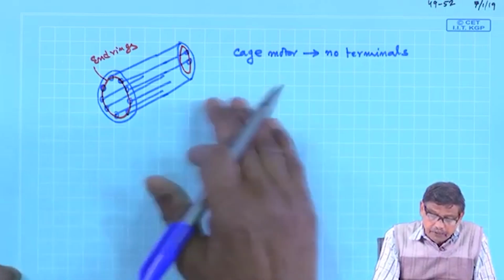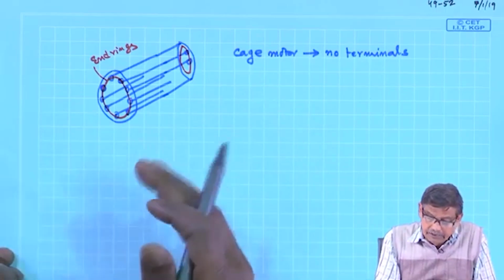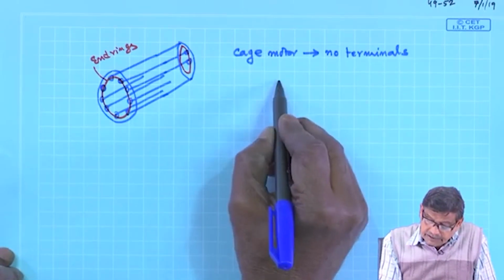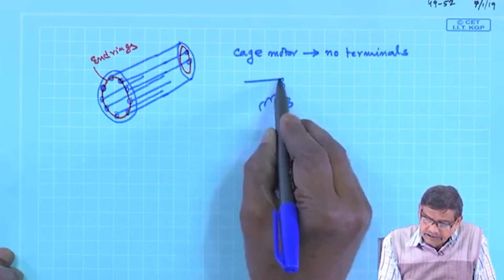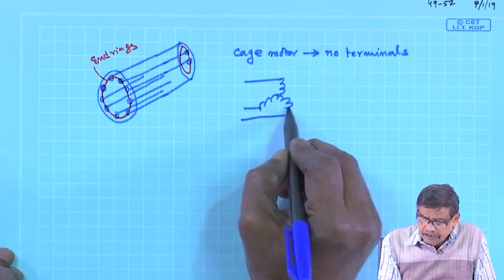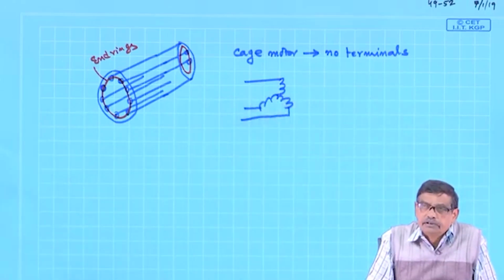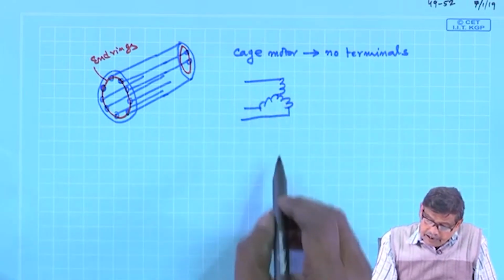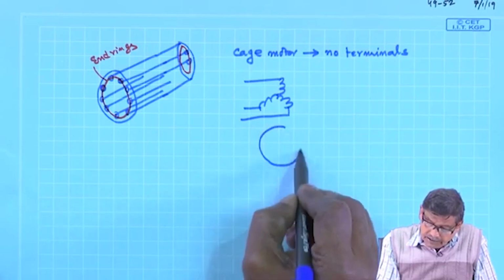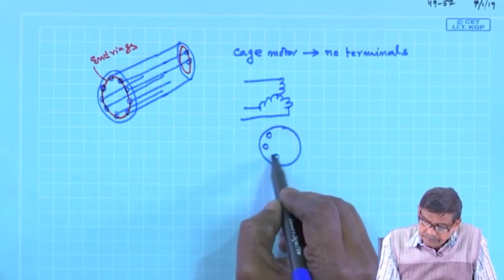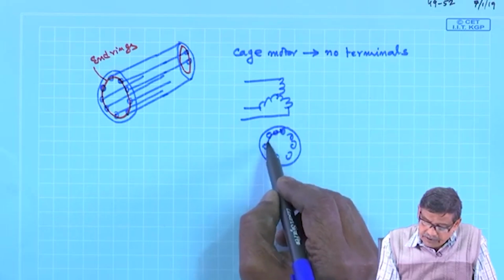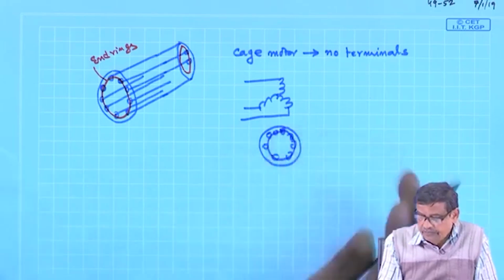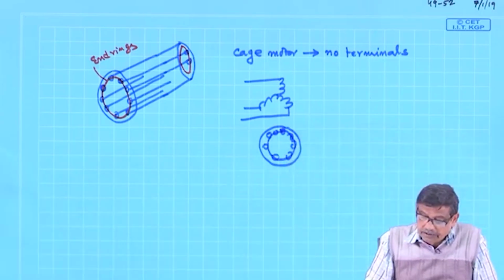I was telling about how to deal with this, and such a cage induction motor will be represented in this way. The stator winding is of course our traditional 3-phase distributed winding, and the cage rotor is shown like this symbolically, and they are shorted, that is all, no rotor terminals.